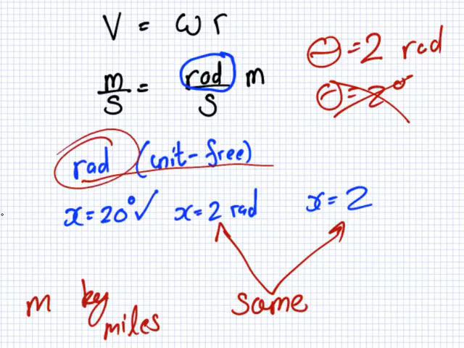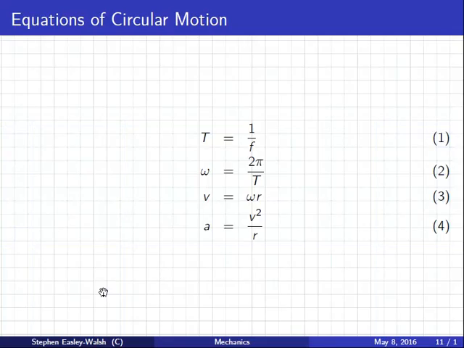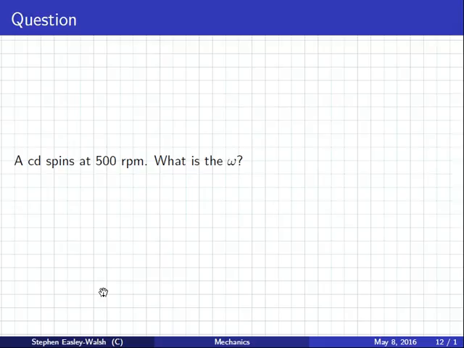So don't worry that the units don't match. They actually do match. I shouldn't say unit free, I should really say dimension free. The radian doesn't measure any dimension.